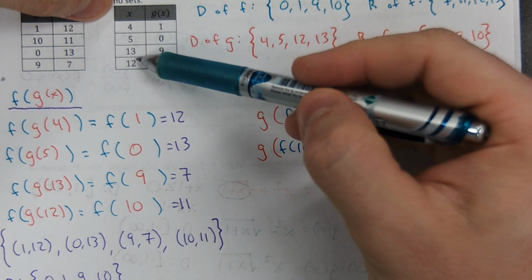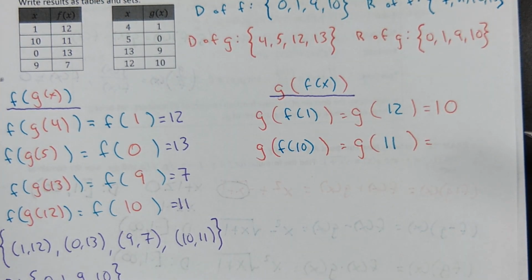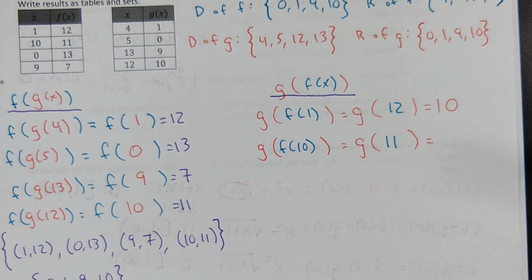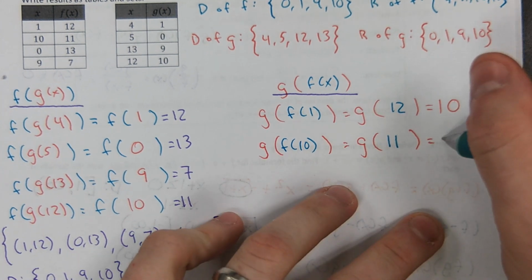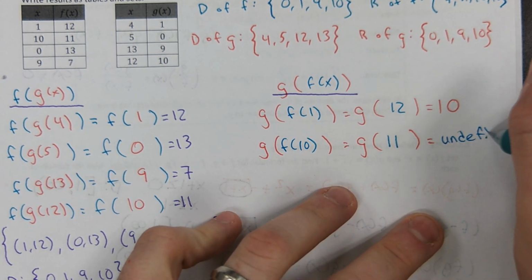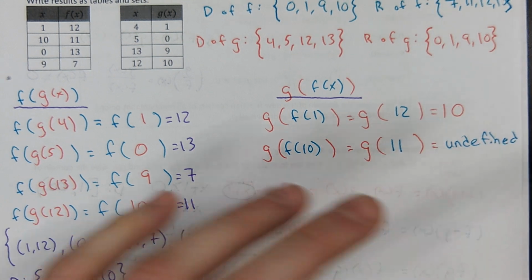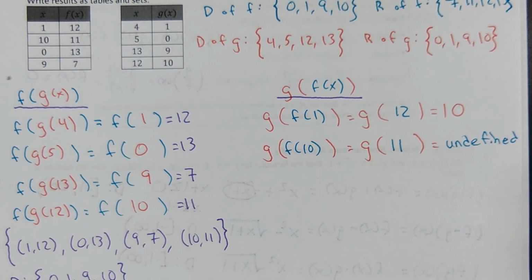It's not here. Oh, you know what happened? 11 is not in the domain of g. So then what is g of 11? It's undefined because 11 is not in its domain. And that's okay. That's going to happen in the homework too.